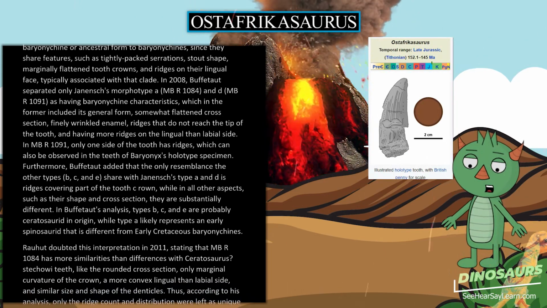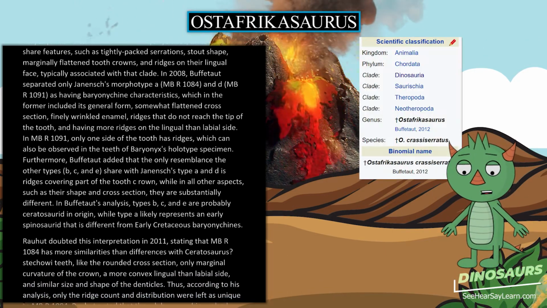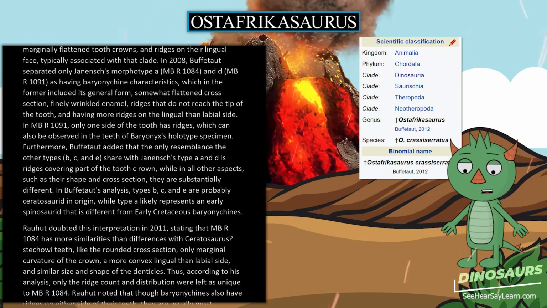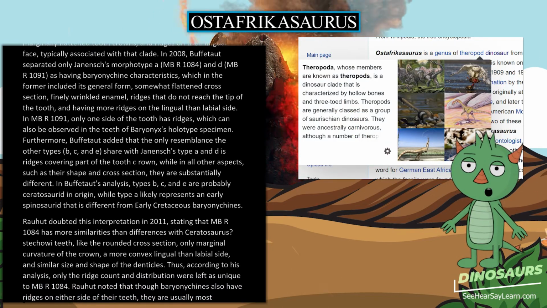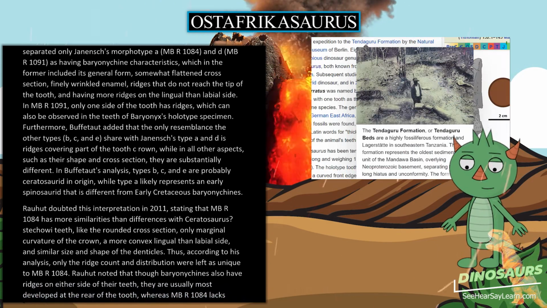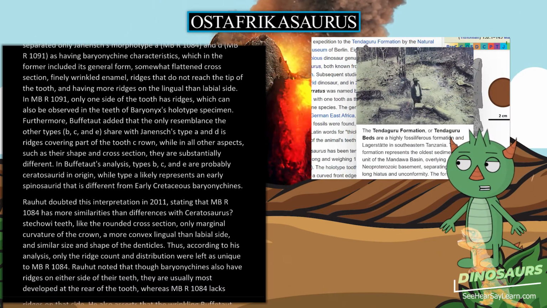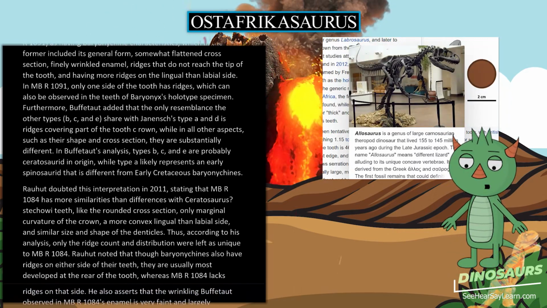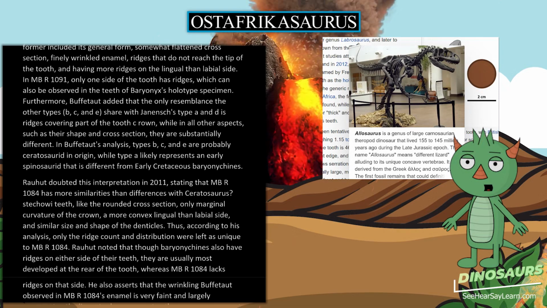In MBR 1091, only one side of the tooth has ridges, which can also be observed in the teeth of Baryonyx's holotype specimen. Furthermore, Buffetaut added that the only resemblance the other types, B, C, and E, share with types A and D is ridges covering part of the tooth crown, while in all other aspects, such as their shape and cross-section, they are substantially different.